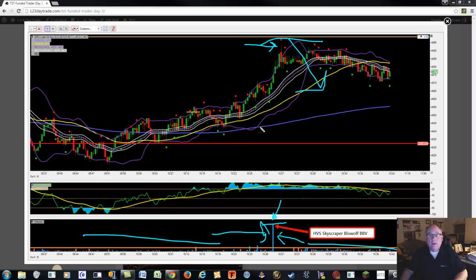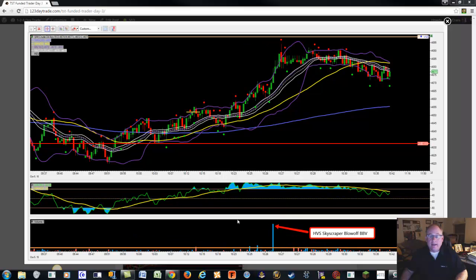When I see one of these skyscraper bars all by themselves, and we haven't had any high volume before it, that's the signal. On this particular day, nothing went above 1,000 in volume at any point during Monday's trading before this bar came out.